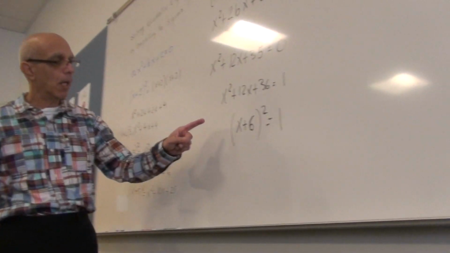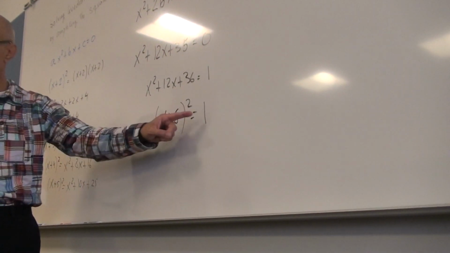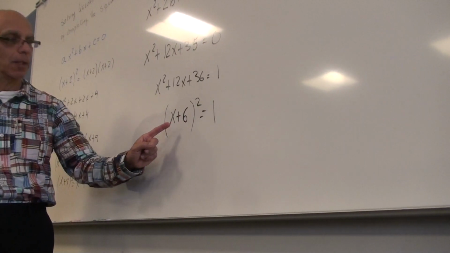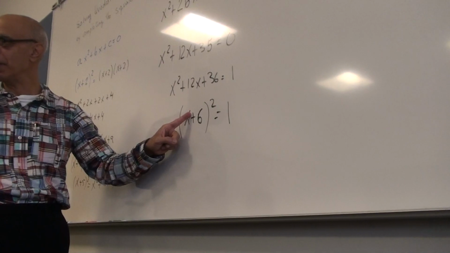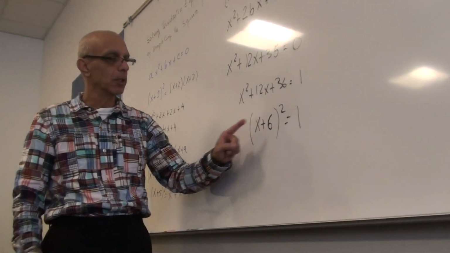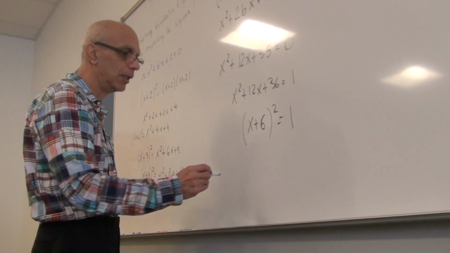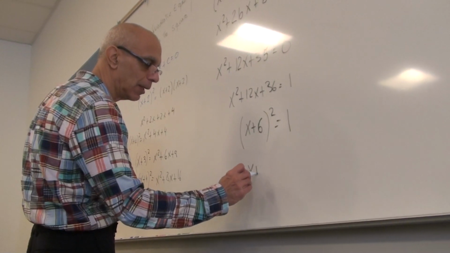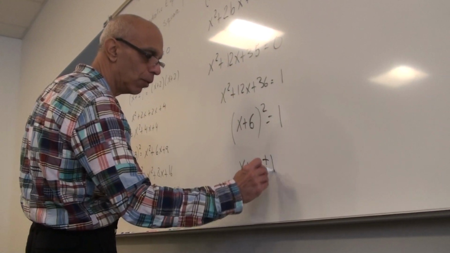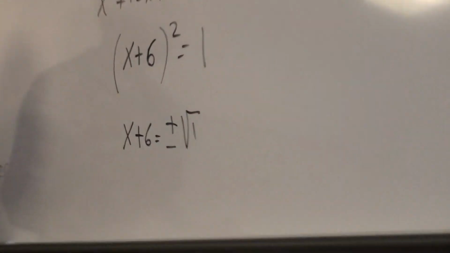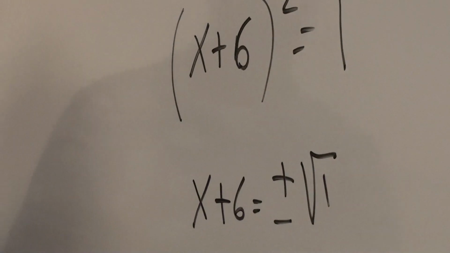Well, why is this a good way to solve a quadratic equation? Look, if I take the square root on both sides now, I have reduced the degree from 2 to 1. And that makes life much easier, right? So if I take the square root on both sides, I'm going to have x plus 6 equals plus or minus the square root of 1. The square root of 1 is 1.